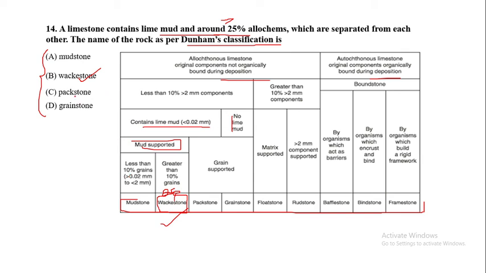If it is packstone, it is grain supported, not mud supported. For packstone and grainstone, it is completely grain supported. For mudstone, lime mud is less than 10%. So the appropriate answer is wackestone.